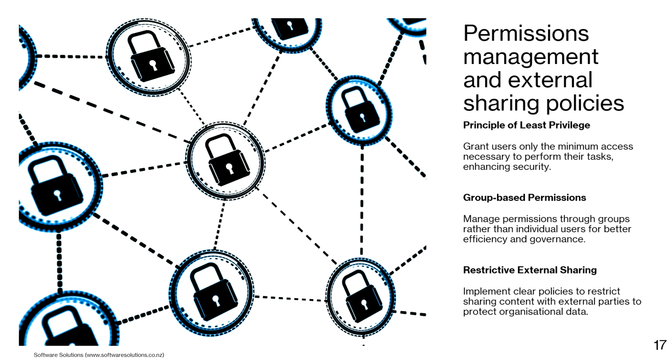Permissions management: implementing the principle of least privilege, giving users only the access that they need. Best practice is to manage access via Microsoft 365 groups, rather than individual users or breaking permissions at the item level. External sharing: establishing clear, restrictive policies for sharing content with people outside the organisation.